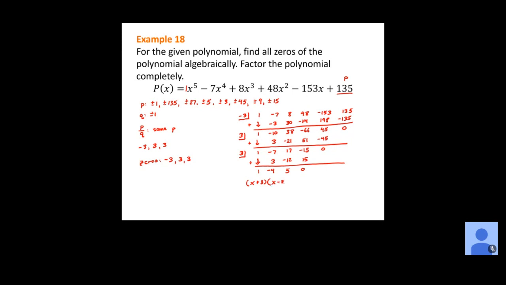X minus 3. And since that one happened twice, we can say that's squared. And now, what's this factor that's left over down here going to be? Perfect. X squared minus 4x plus 5.